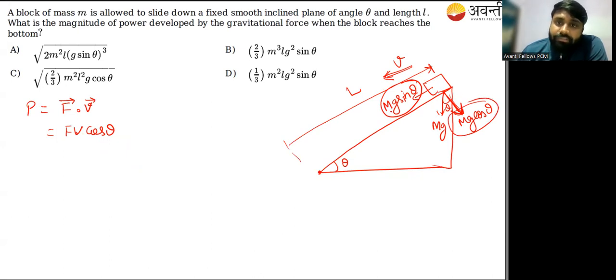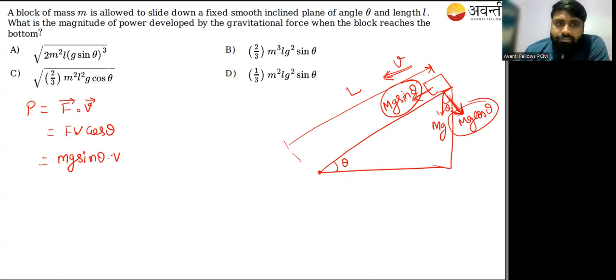Only the force mg sin theta will be taken into consideration, because the angle between mg sin theta and v is 0.